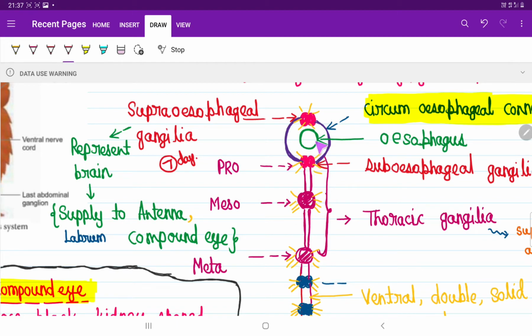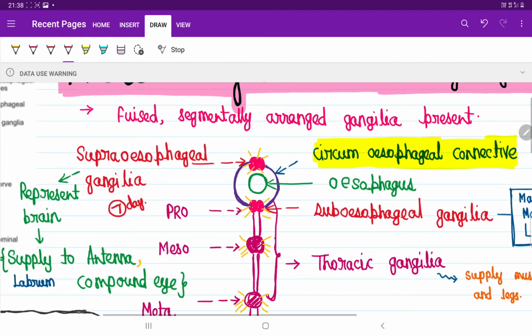The next pair of ganglia is present posterior to the esophagus. We call it the subesophageal ganglia. The supraesophageal ganglia and subesophageal ganglia are connected by the circumesophageal connective, right?